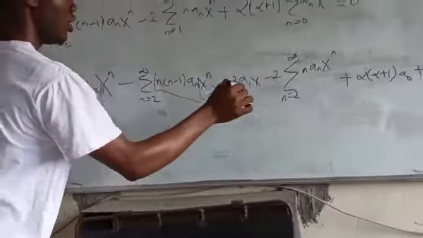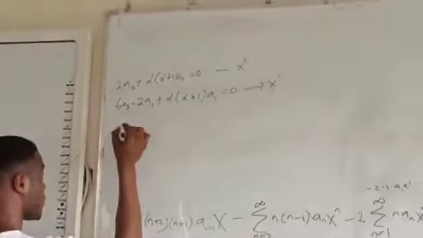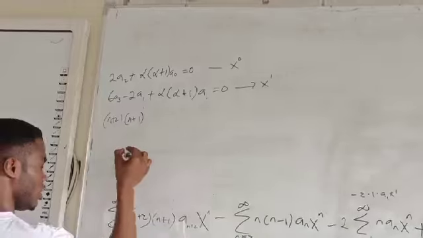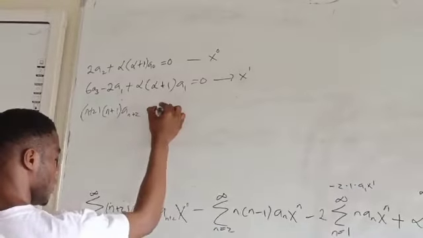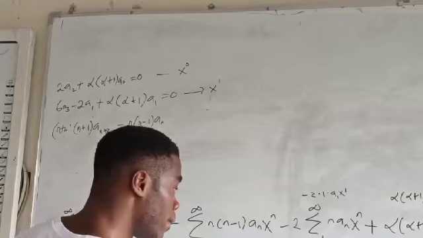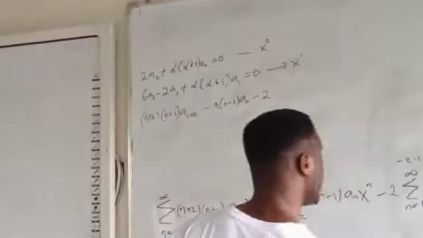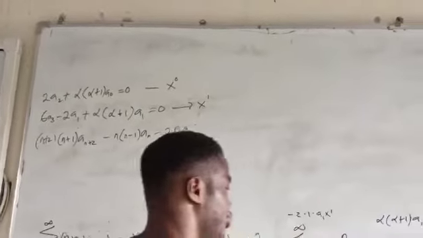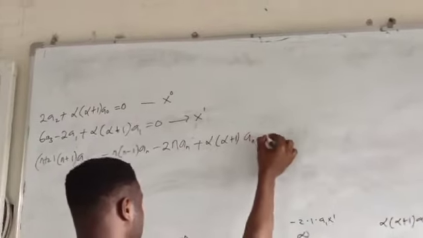Taking all of them, we have n plus 2, n plus 1, a subscript n plus 2, minus n bracket n minus 1, a subscript n, minus 2n a subscript n, then with the last one plus alpha bracket alpha plus 1 a subscript n, all equal to 0.